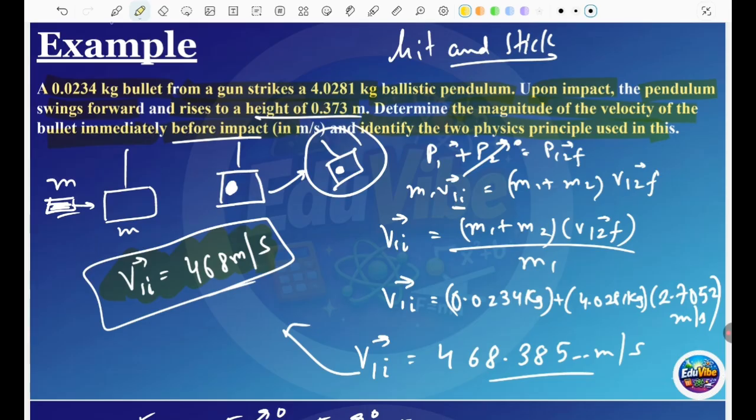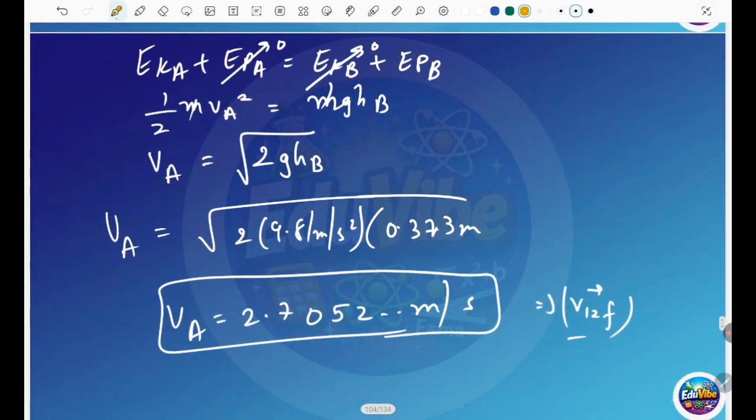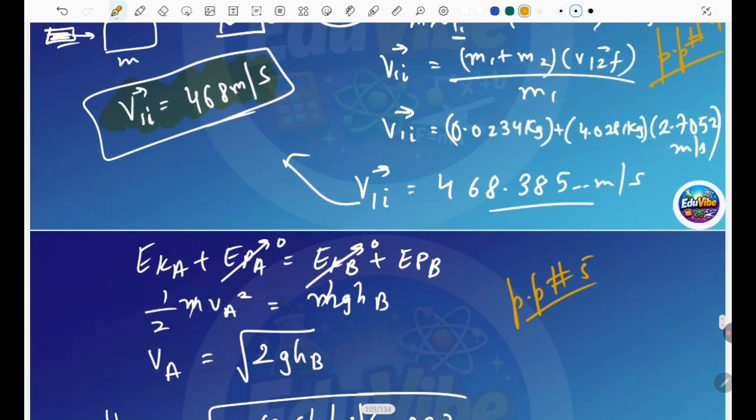So they are asking about the two physics principles. The two physics principles we have from the data sheet. Firstly we use conservation of momentum, which is physics principle 4. And this is our conservation of energy, which is physics principle 5. So what two principles do we use?